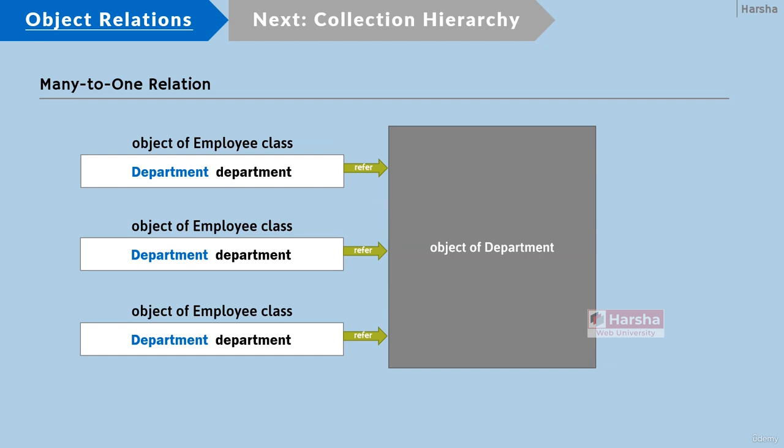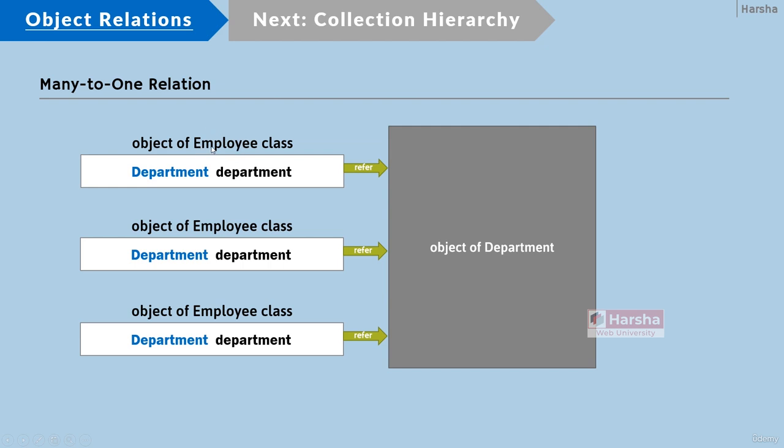And we also have the many-to-one relationship, whereas multiple objects of the same class reference only one object of another class. For example, in an organization, multiple employees work under the same department. For example, we have an accounting department, and under that accounting department, we have 3 employees called Scott, Allen, and Jones. So in this case, there is only one department, that is the accounting department. This object of the department class represents the accounting department.